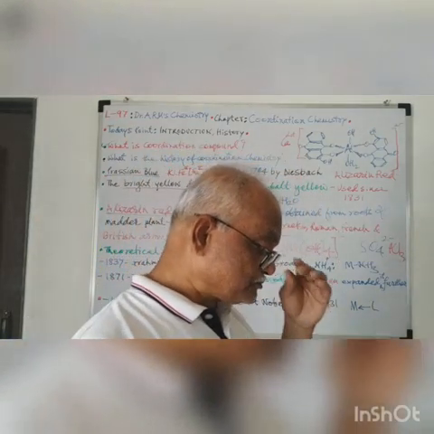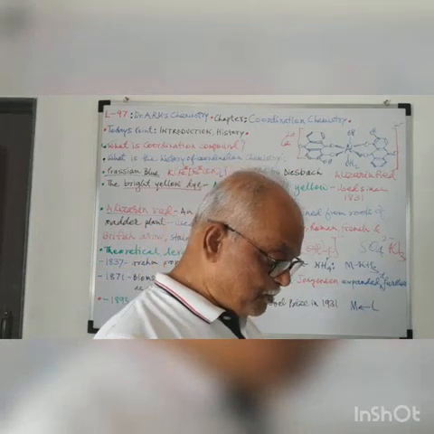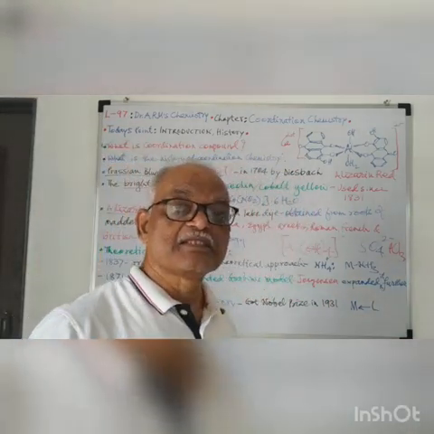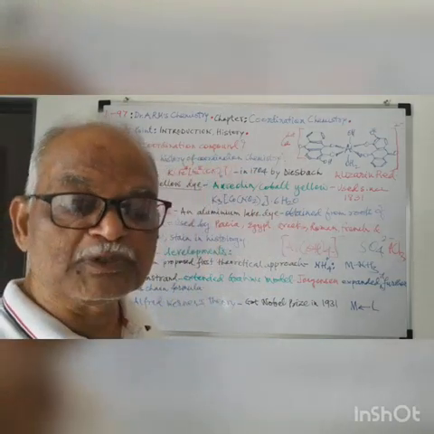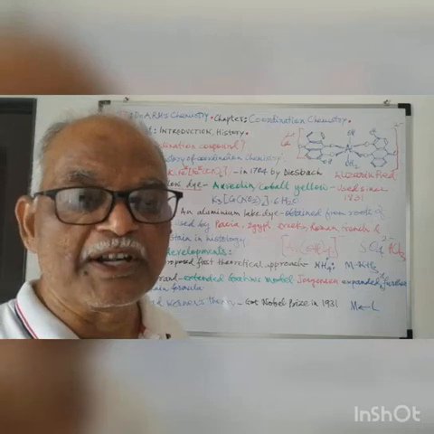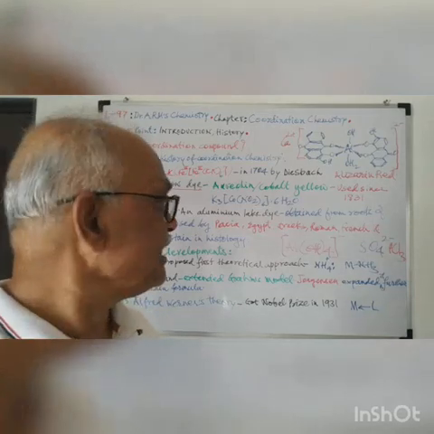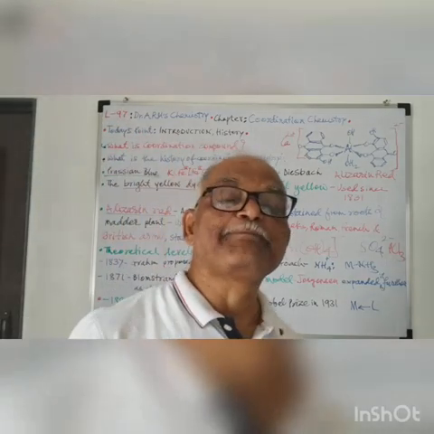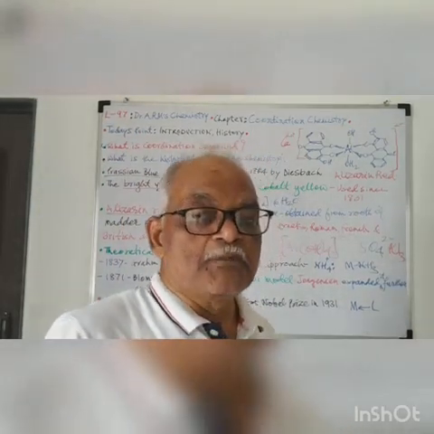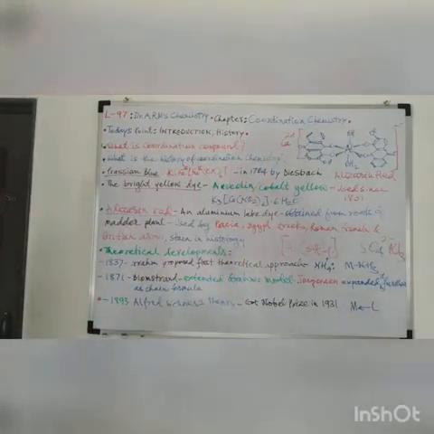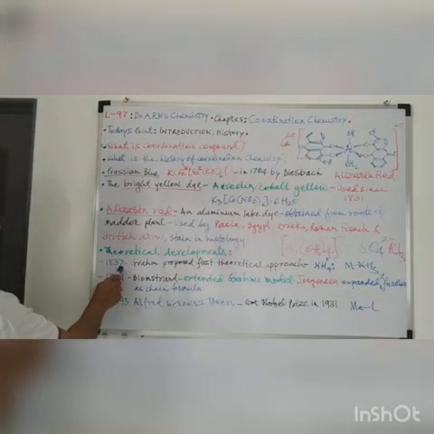Further, if we see the theories which were proposed to explain the coordination compound or coordinate bonding, the nature of bonding in such coordination compounds. The first theoretical approach was proposed by Graham in 1837.